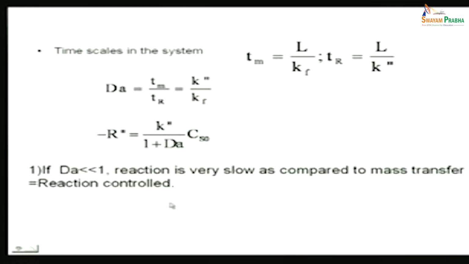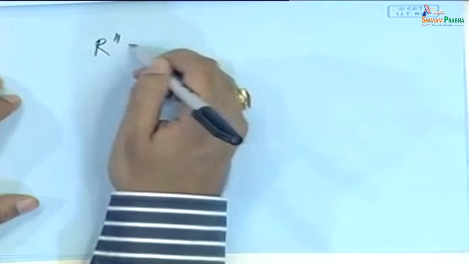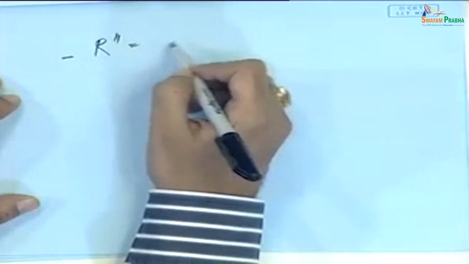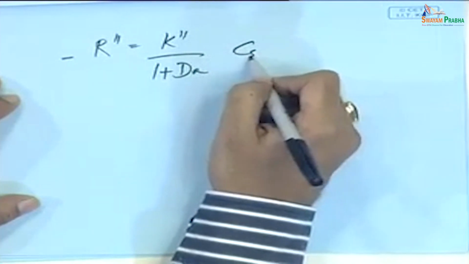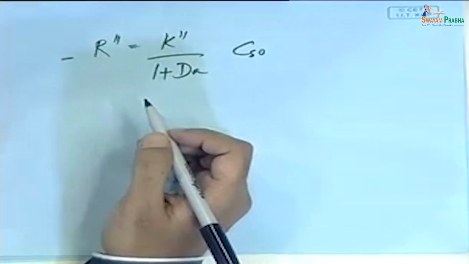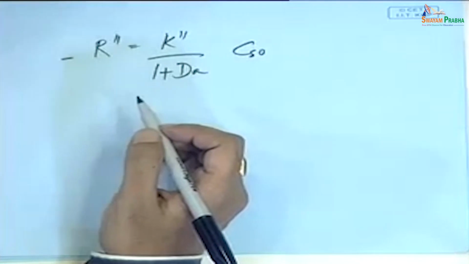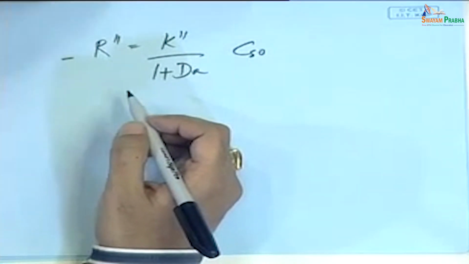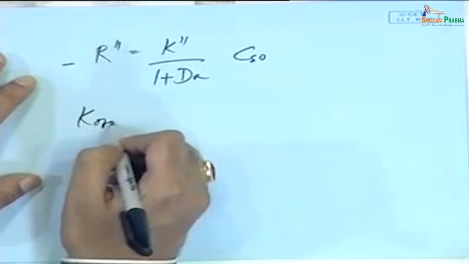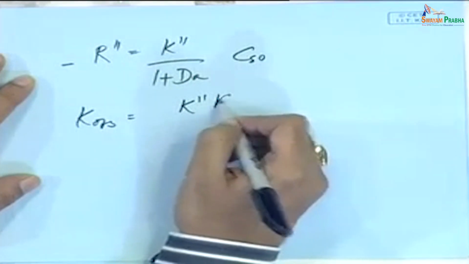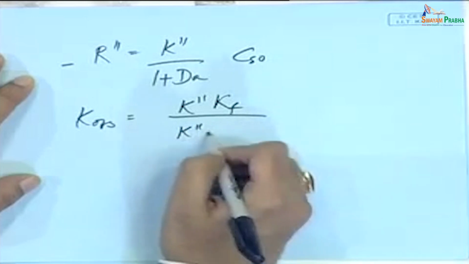It's a very long paper, but it's a great paper. If you look at the screen now, without further ado, because we are running out of time. So, our reaction rate equals K double prime Cs naught. Why is that? Because if I look back, my reaction rate was given by K observed equals K double prime Kf over K double prime plus Kf.